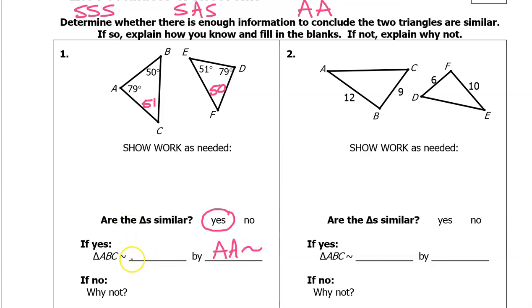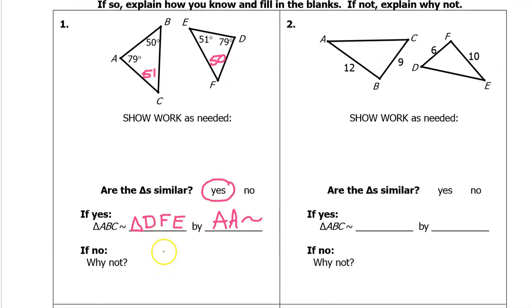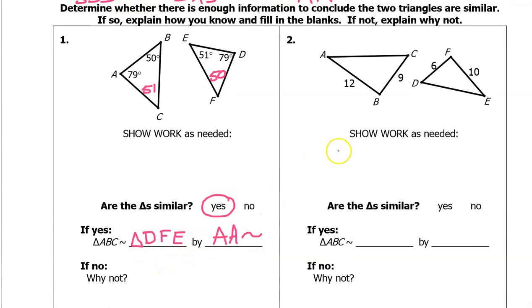And let's go ahead and make our similarity statement. Triangle ABC is similar to triangle... let's see. The A corresponds with D, right? Because they're both 79. B corresponds with F, and that just leaves E. All right, so that's it for problem number 1.